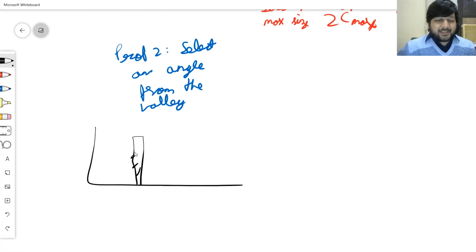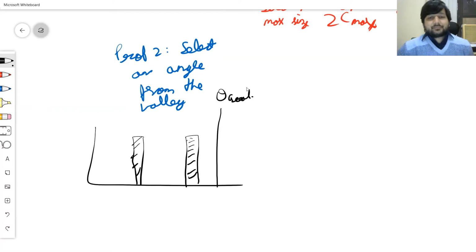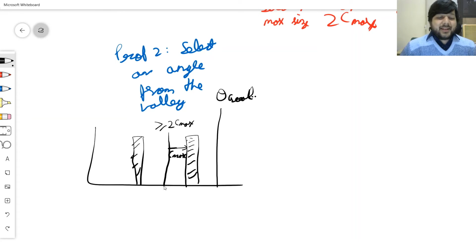So I'll just draw the left and the right boundary of the valley. And let's say that theta goal is here, and let's say this is greater than or equal to 2 times Cmax. So now from theta goal, I will go to Cmax, and this will be my theta selected.